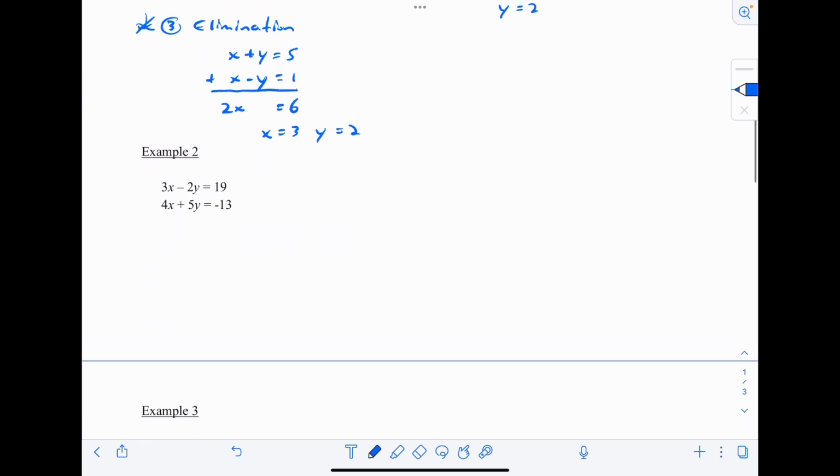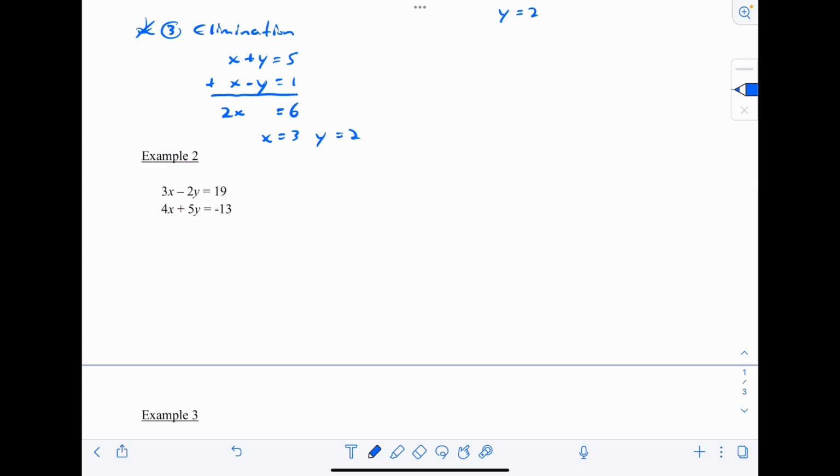So for our second example, we're going to take 3x minus 2y equals 19 and 4x plus 5y equals -13. So the only difference here that you can see from the first example is obviously the coefficients do not line up for either the x's or the y's. So the only thing that we need to do here is just multiply the equations by a number to get those to match up. So for example, I could multiply the top equation by 4, and I could multiply the bottom equation by 3, and that's going to give me 12x and 12x in the two equations.